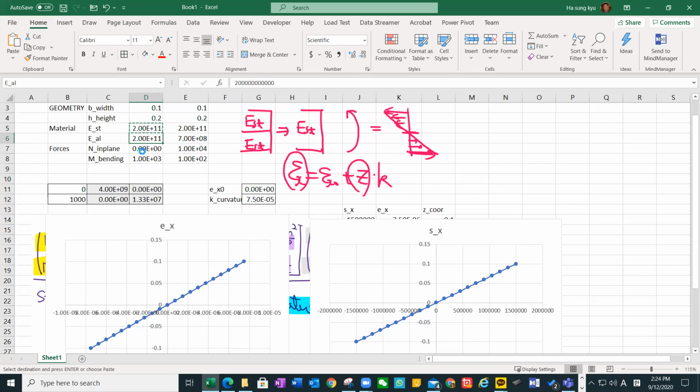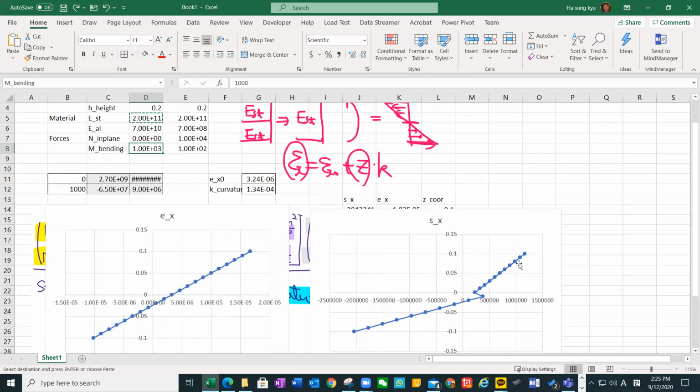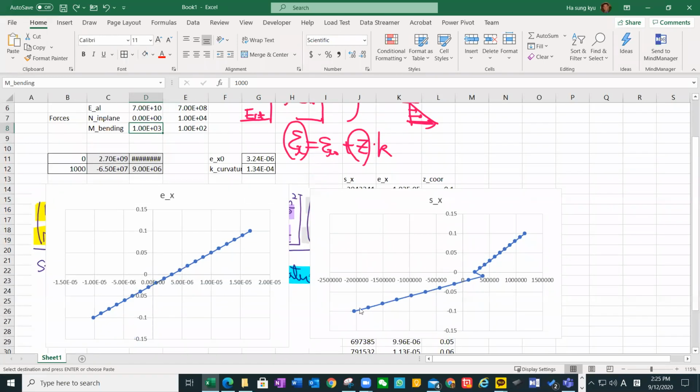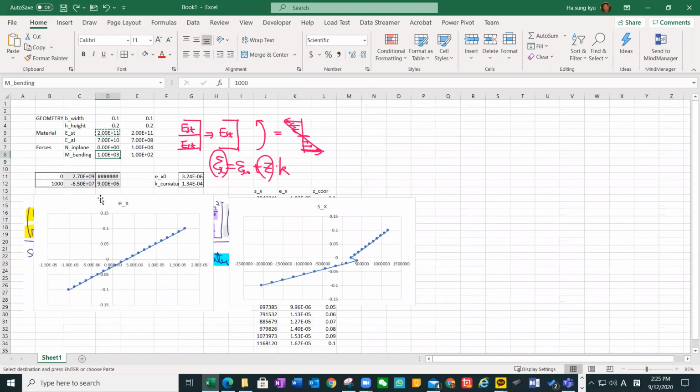And again, if we have aluminum and steel, the stress, even under the moment, the slope will be different, because upper we have aluminum and down we have steel, under bending, and we have the neutral axis located here. Neutral axis here, so we have this much stress and these stress distributions.